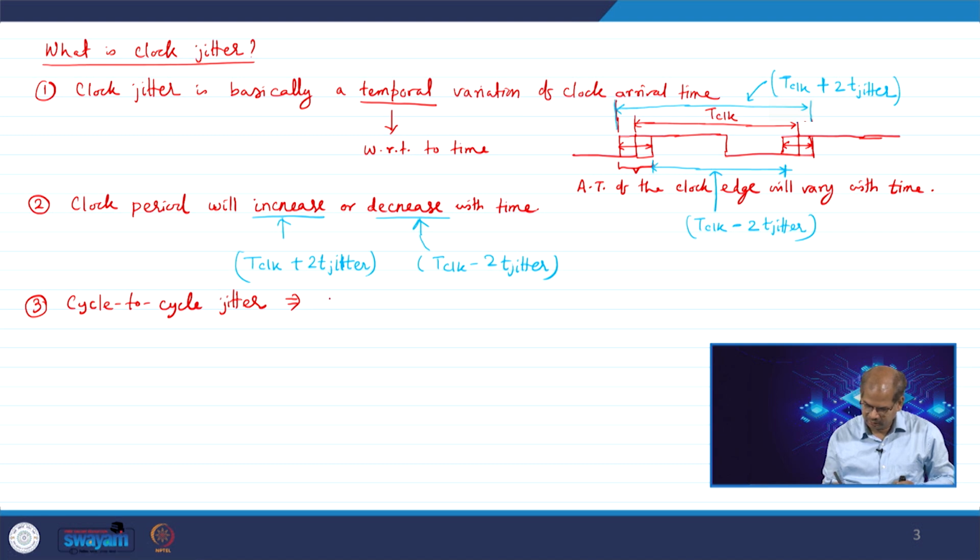From one cycle to the other, how much my clock period will vary. So, it is the time varying deviation of a single period.